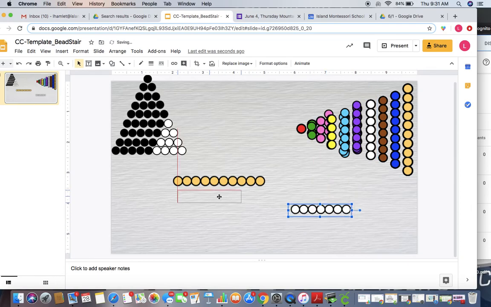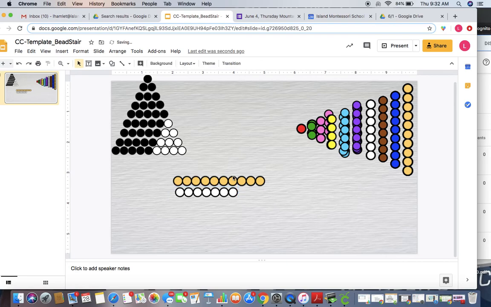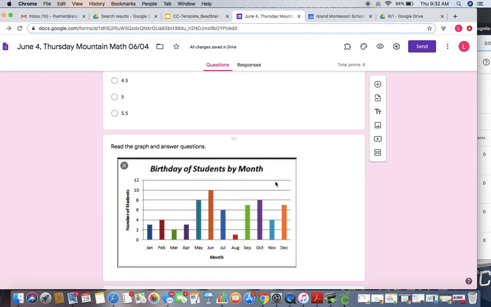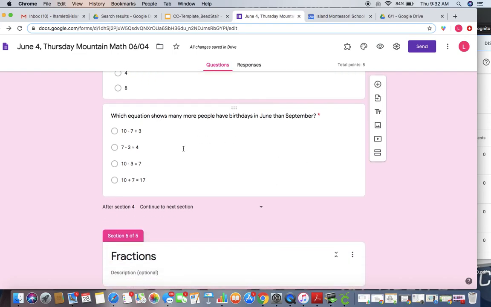So if we take 10 and we subtract 7, how many are left over? Well, if I can get it lined up right, we can see that there's exactly 1, 2, 3. So that means there are 3 more birthdays in June than September. So we would be able to show that as 10 minus 7 equals 3.